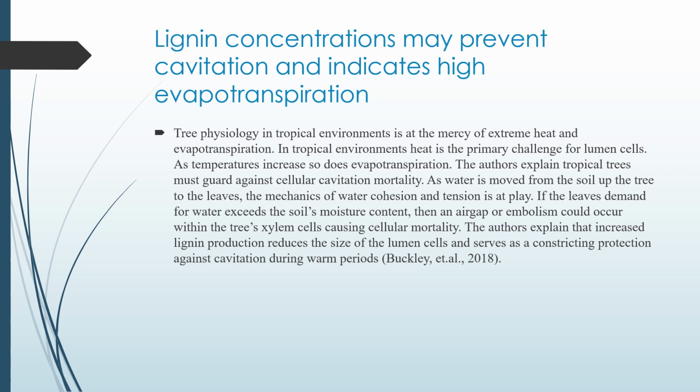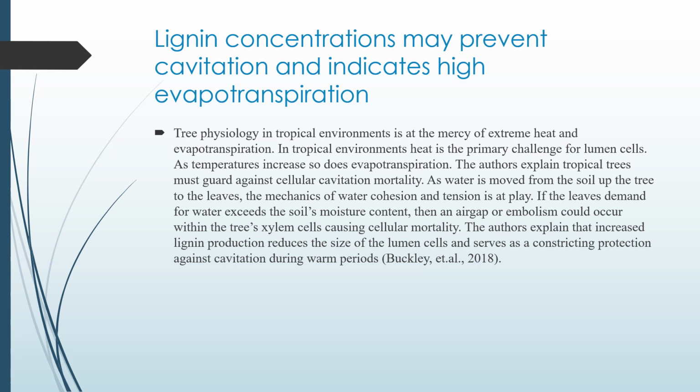In tropical environments, heat is the primary challenge for lumen cells. And as temperatures increase, so does evapotranspiration. So the authors explain that tropical trees must guard against what's called cellular cavitation. And that would be similar to an embolism. So if you imagine water being brought up from the roots, going up the tree through the xylem, up into and out of the leaves.